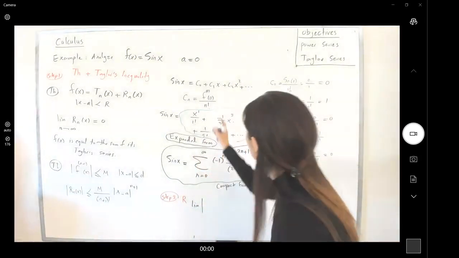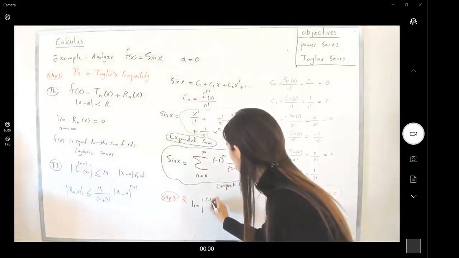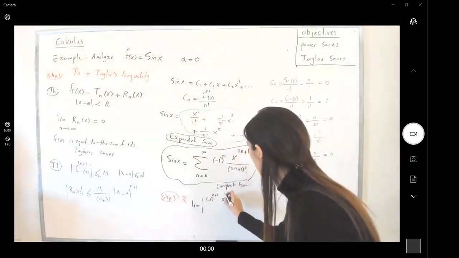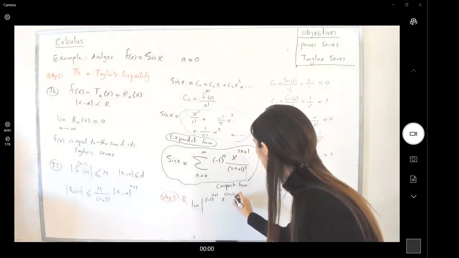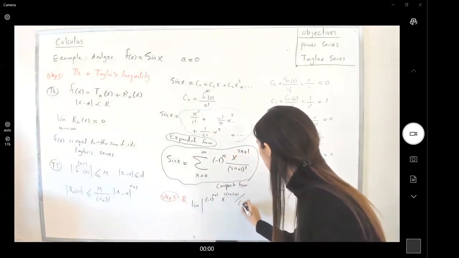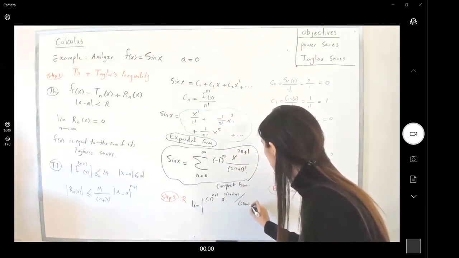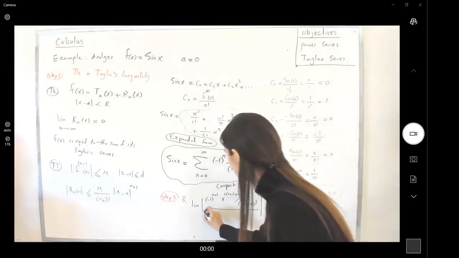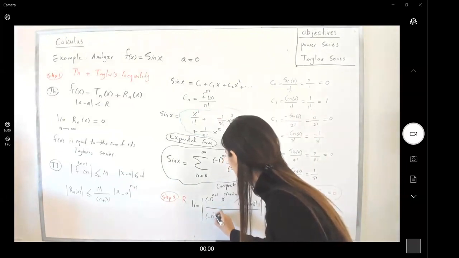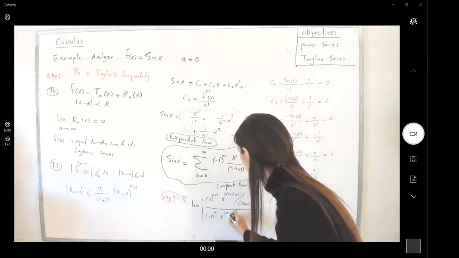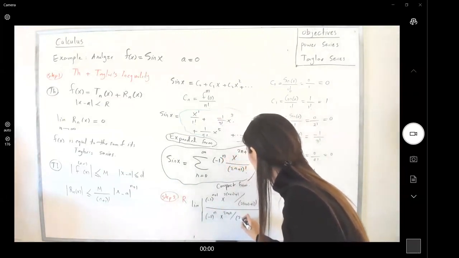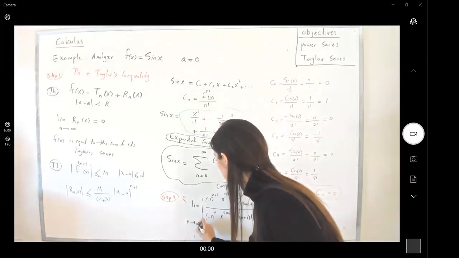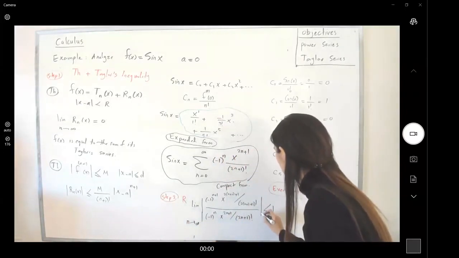The limit of, here you have negative 1 to the power n plus 1, x raised to 2 times n plus 1 plus 1, divided by 2 times n plus 1 plus 1 factorial, divided by negative 1 to the power n, x raised to 2n plus 1 divided by 2n plus 1 factorial, as n goes to infinity. And this limit must be less than 1.